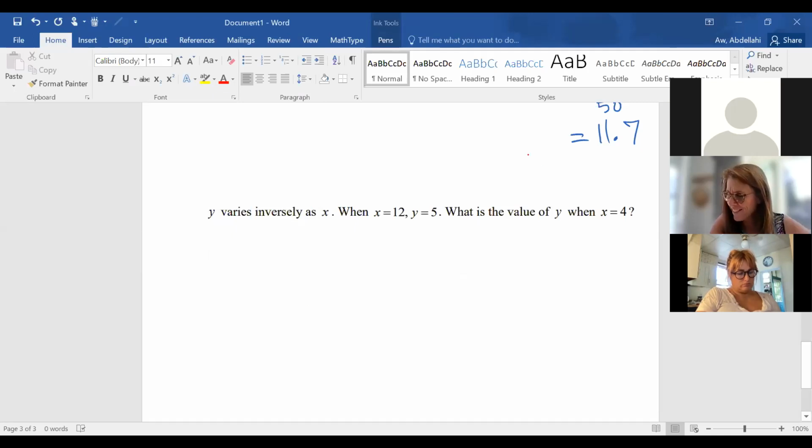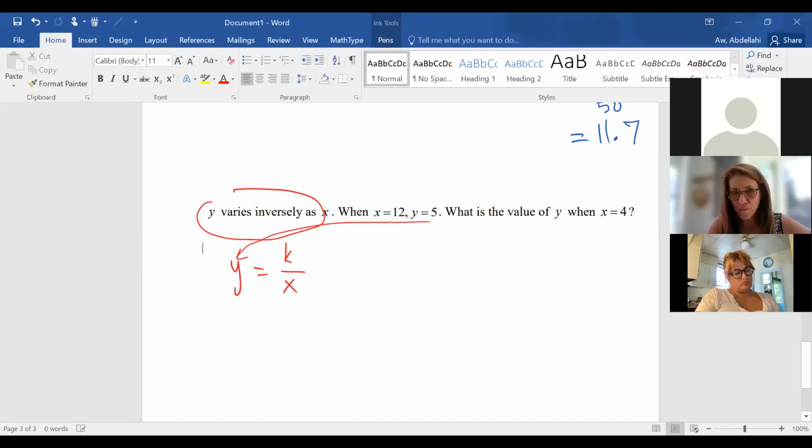I can try. Okay, go ahead, please. So I'm just trying to keep myself organized. I just wrote y equals k over x, which would be 5 equals k over 12. That is correct. So 5 here and 12 here. So 5 is equal to k over 12, right?